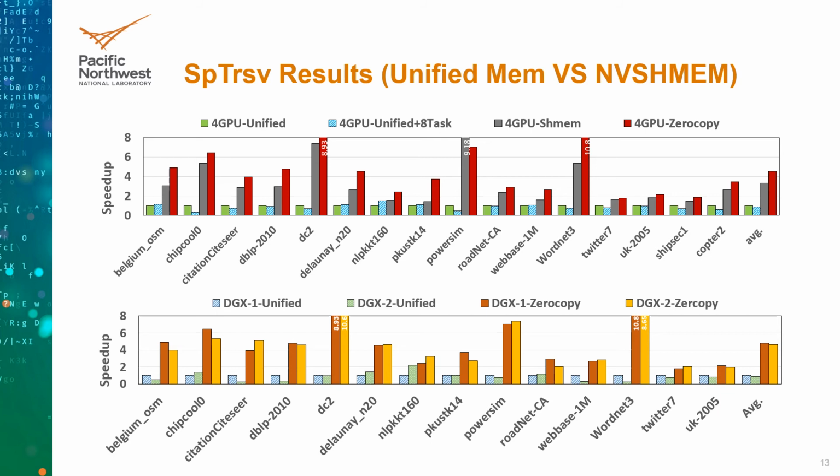The result shows our design achieves an average of 3.53 times speedup on the DGX1 system and 3.60 times speedup on the DGX2 system with 4 GPUs over the unified memory designs.